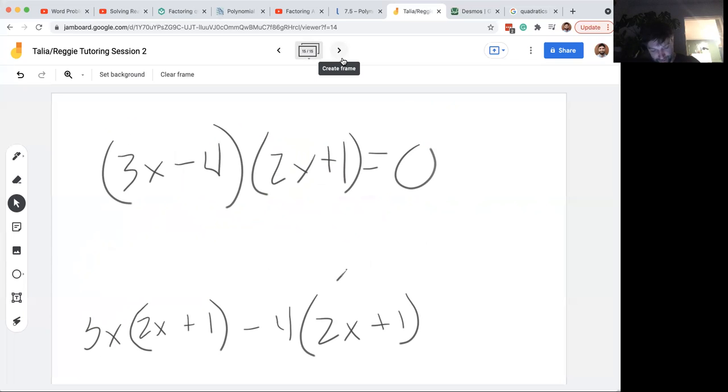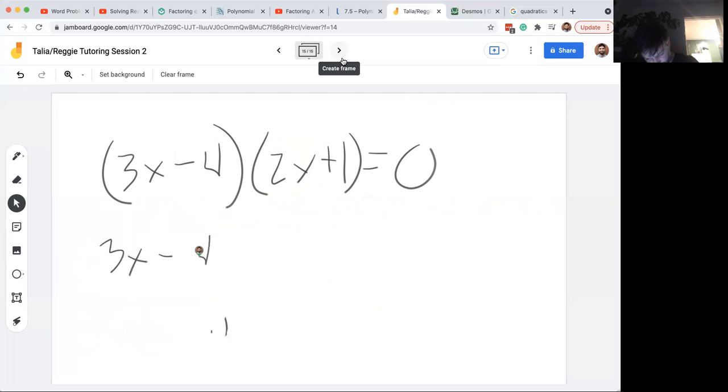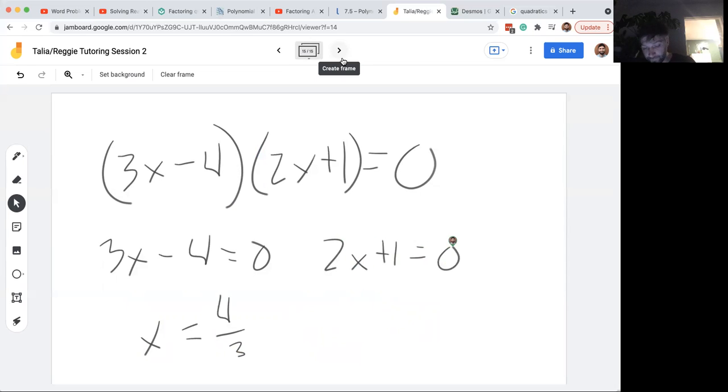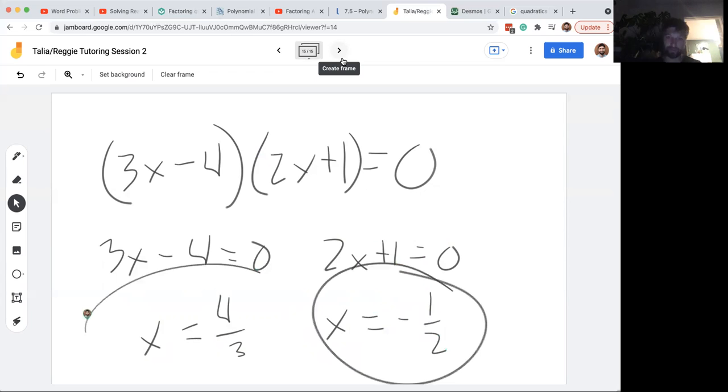So x can equal a couple of things. 3x minus 4 equals 0. That tells me I would add 4 and then divide by 3. So x would equal 4/3. 2x plus 1 equals 0. So I would subtract 1 and divide by 2. So x would equal negative 1/2. So x equals 4/3 or negative 1/2.